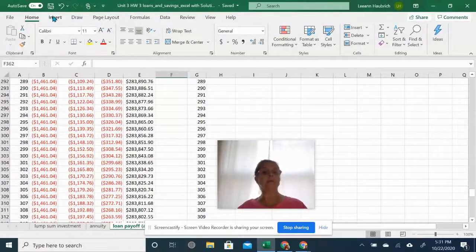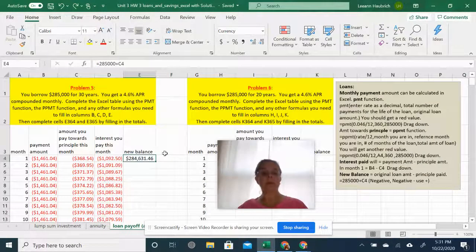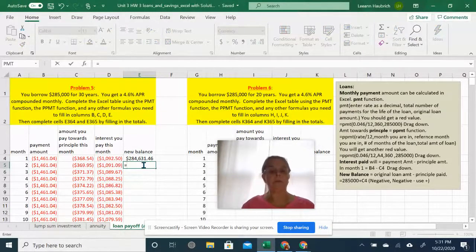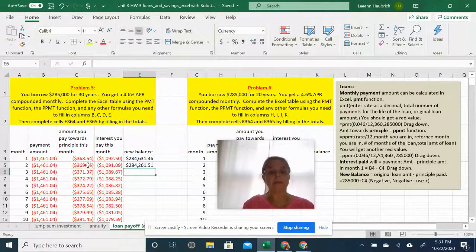So let's go back and see what happened. This is going to equal the previous amount minus, nope, it's got to be plus because a negative makes it a positive, this amount, enter. So it did go down. Let's see if it picks up the pattern now.